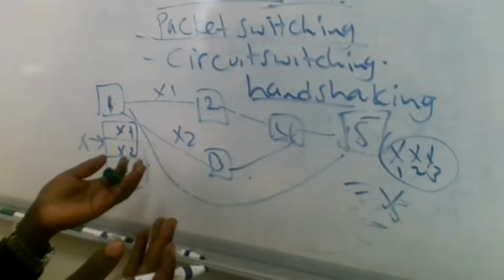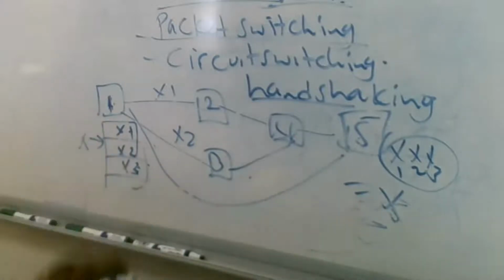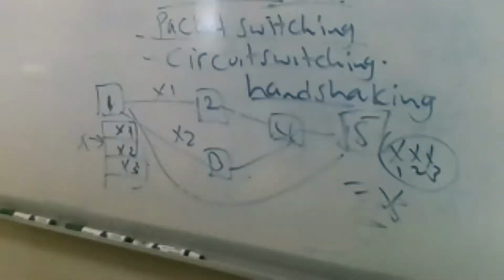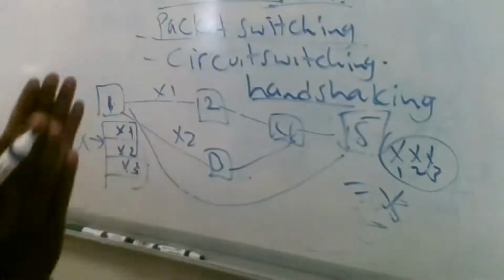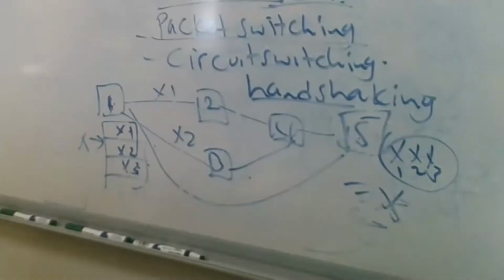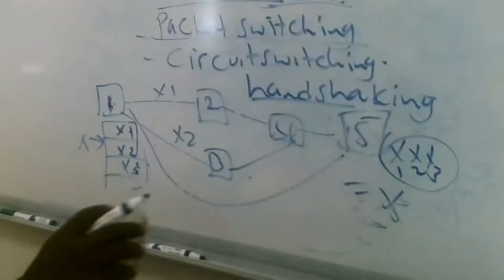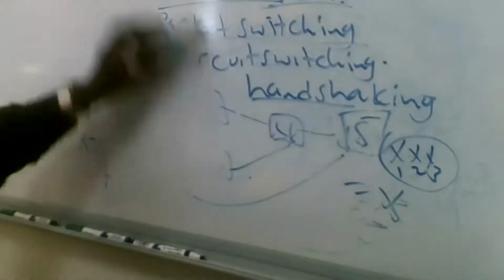It is possible that part of the information might not reach. But for circuit switching, data moves at once, so by all means data has to be delivered. Nothing can easily be left out. So that's about circuit switching and packet switching.